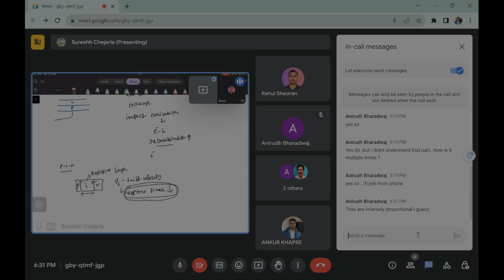I think he's actually mentioning this response time in some other context. I think what we are thinking is that the speed is increasing because the response time decreases, but I don't think that is the case. Maybe he's saying that the response time will actually slow down the carriers.